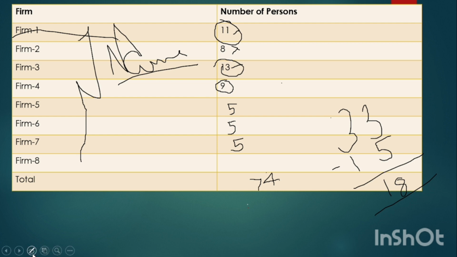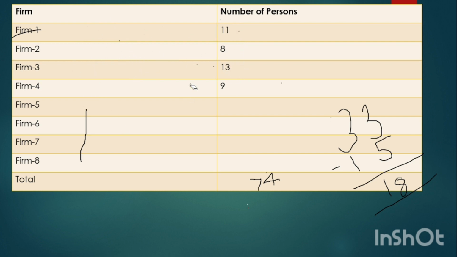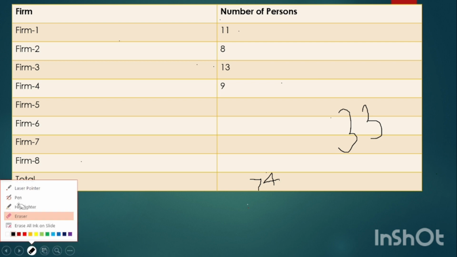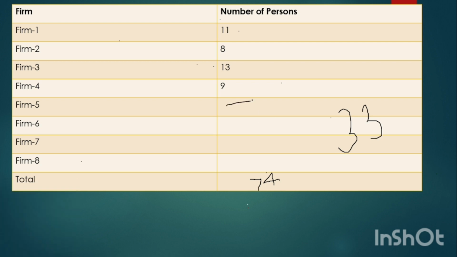So for this, I'll just do that thing again. I am given the total of these four firms as 33, and I have to maximize the number of firms having more persons than firm 4.